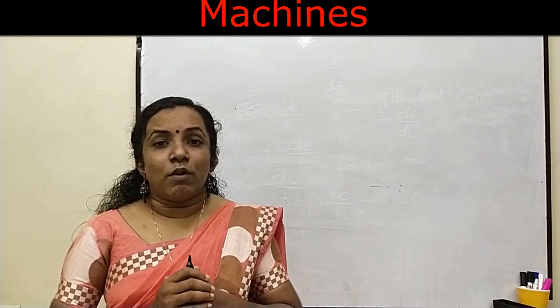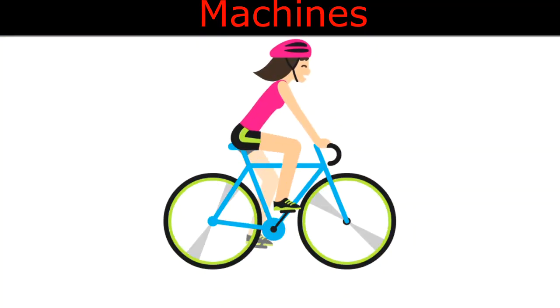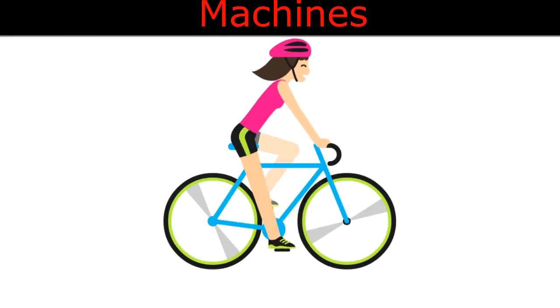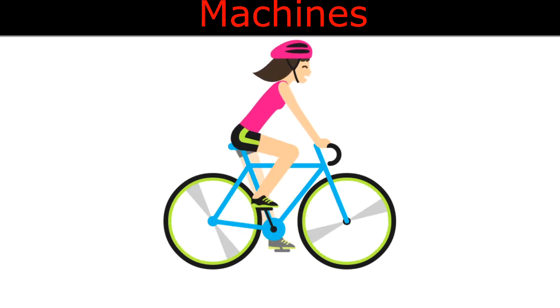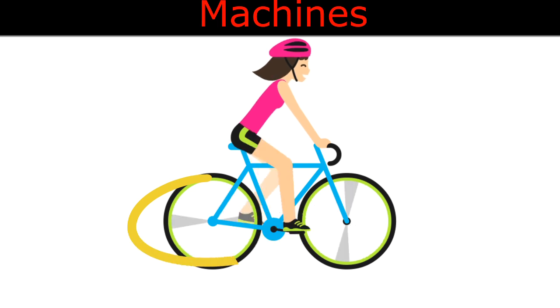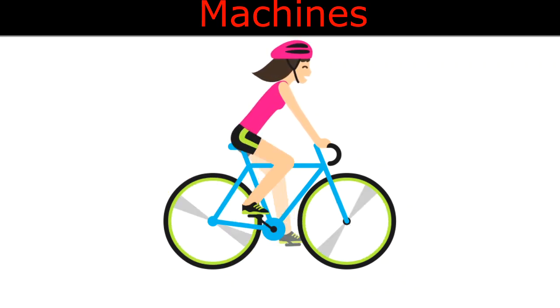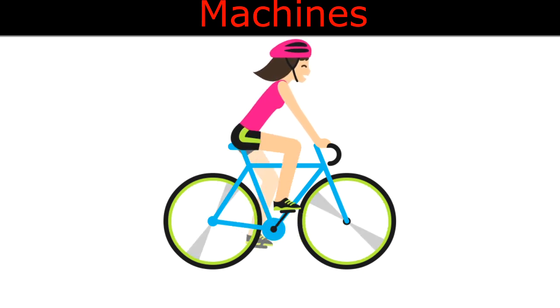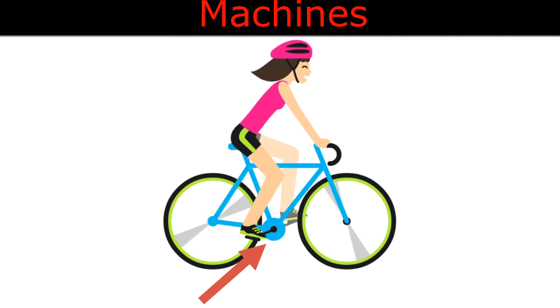And let's move to the fourth function of a machine. Here a bicycle is moving, and this movement of the bicycle is possible by the rotatory motion of the rear wheel. But the pedal of the bicycle is not on the rear wheel, and we are applying the force on the pedal.